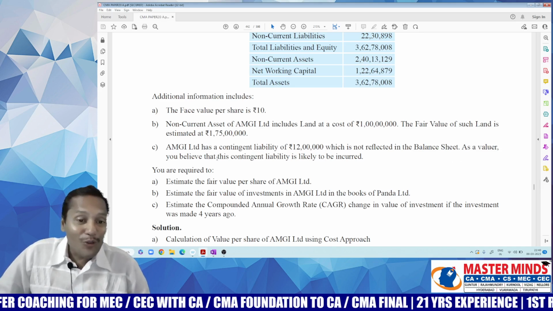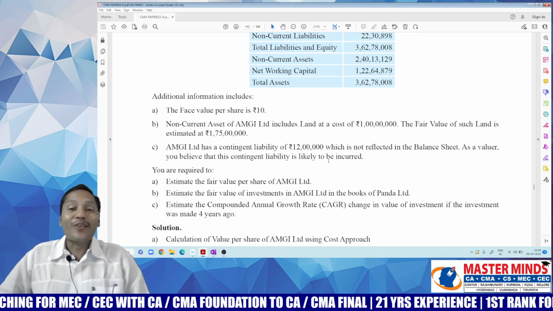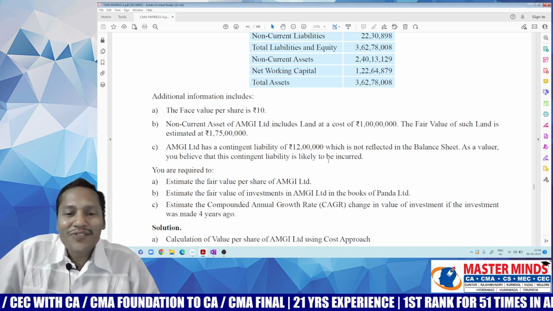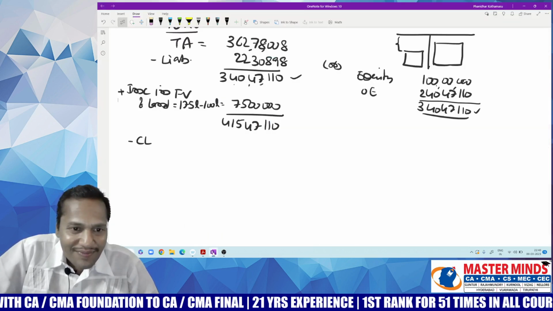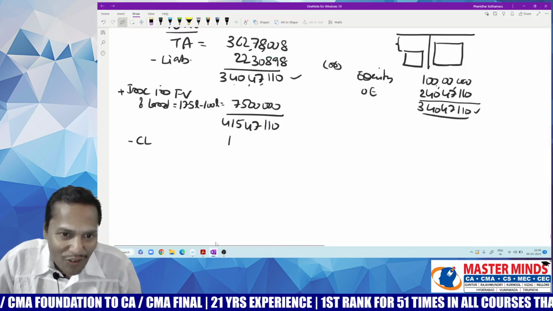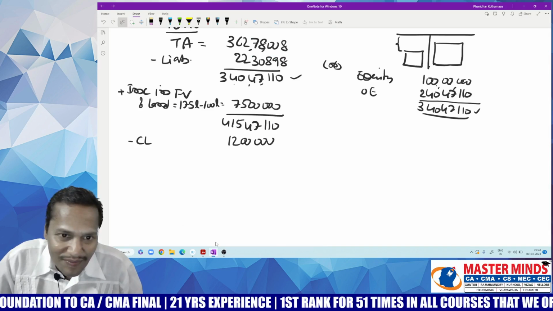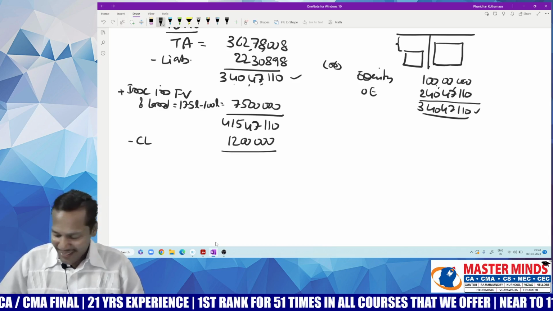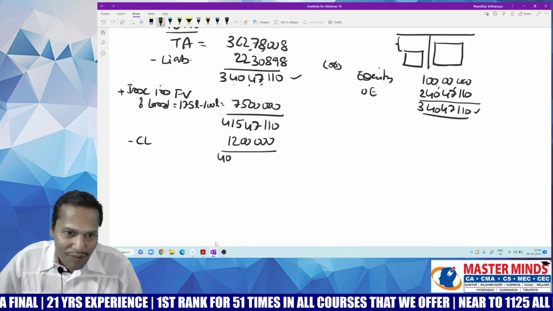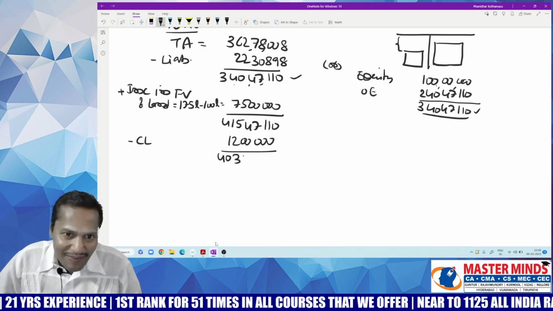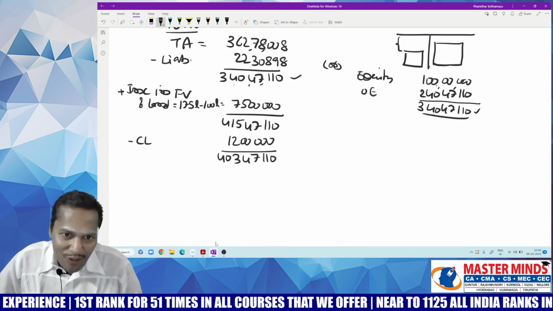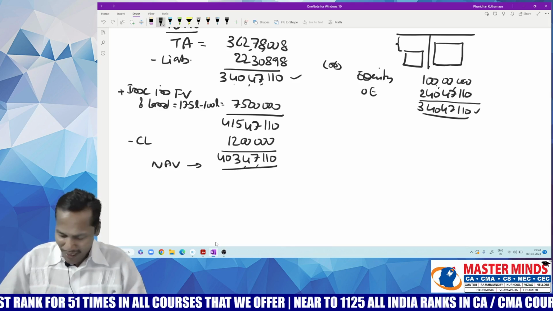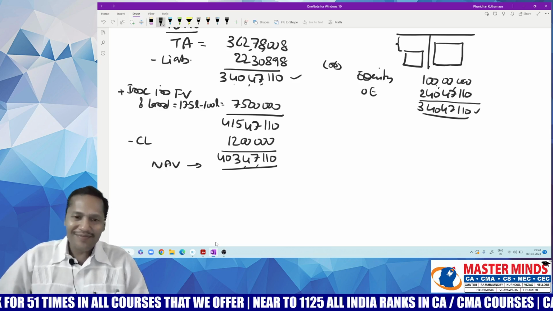As a valuer, you believe this contingent liability is likely to be incurred, so net assets value will reduce by 12 lakhs. The adjusted net assets value comes to 4 crore 3 lakh 47,110.